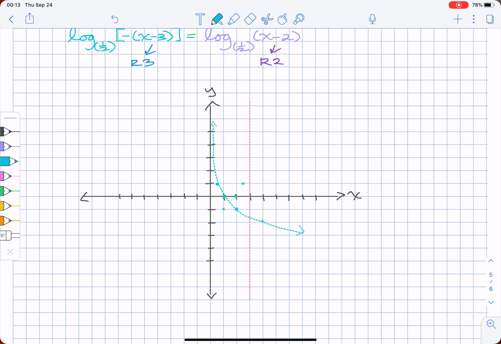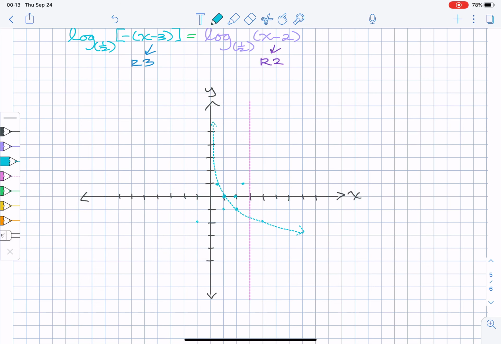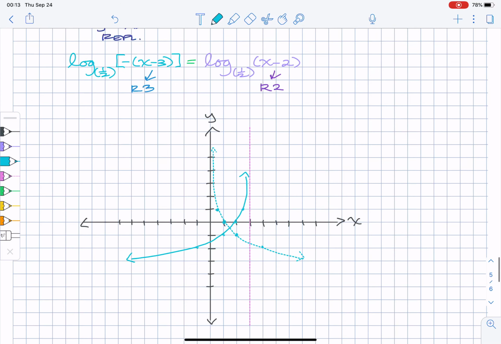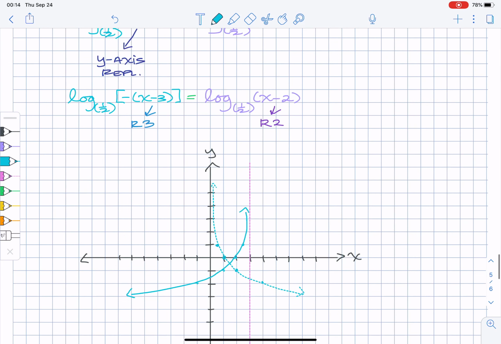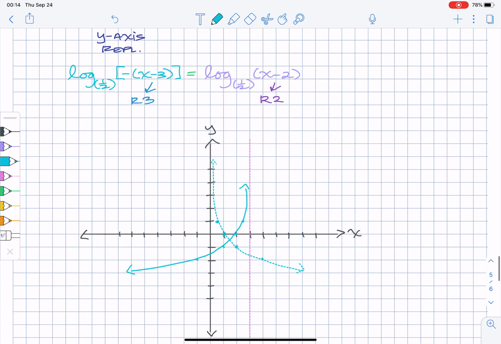Let's see if I can draw this graph here. Okay, that is the graph of the blue guy. It's been reflected about the y-axis and then shifted to the right 3 units.